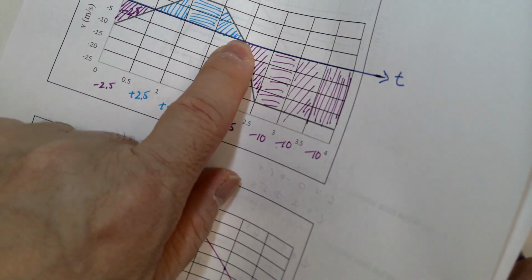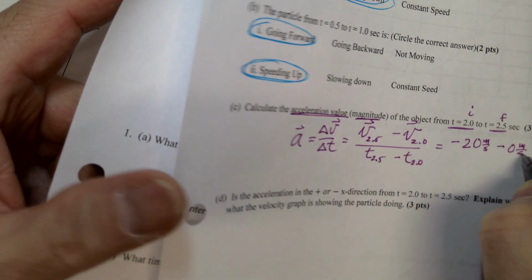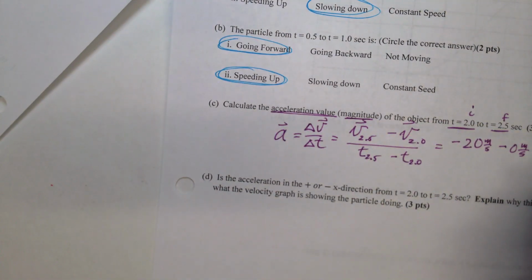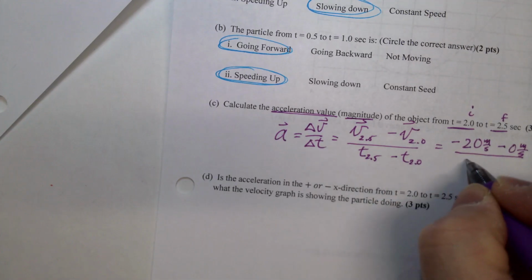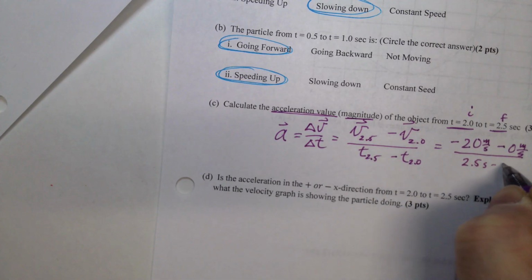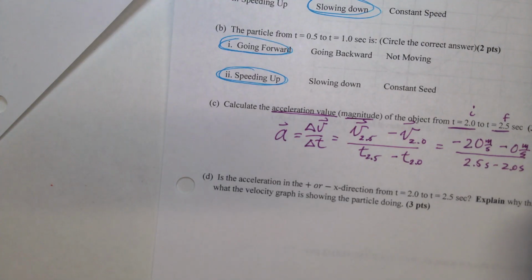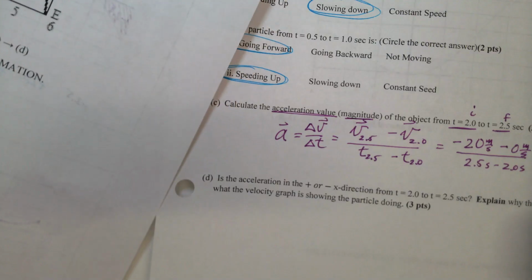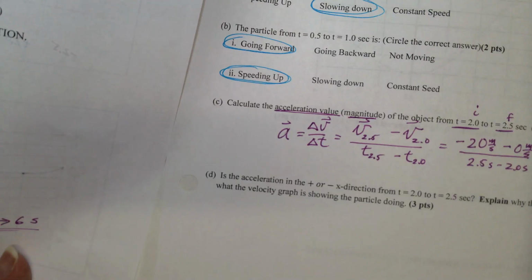V at 2.0 seconds looks like it's 0 meters per second. And then divide that by 2.5 seconds minus 2.0 seconds. Therefore, this is negative 20 meters per second over 0.5 seconds, or negative 40 meters per second squared, x hat.